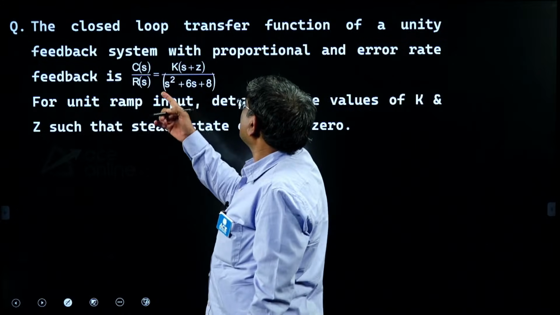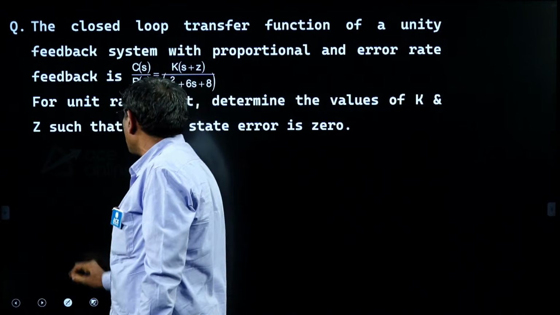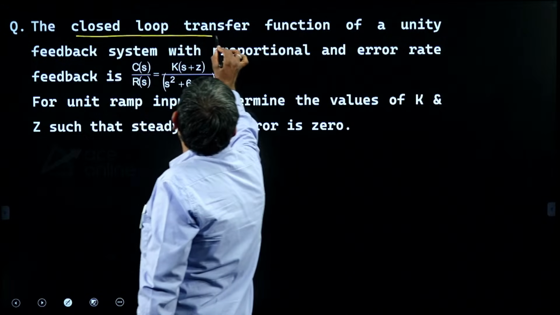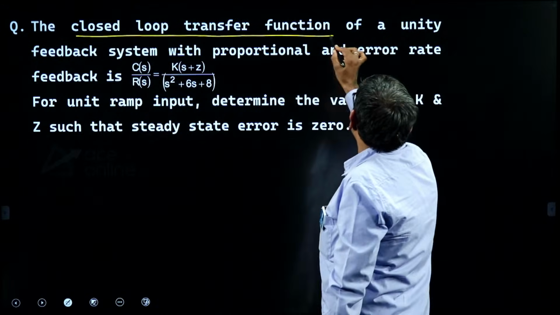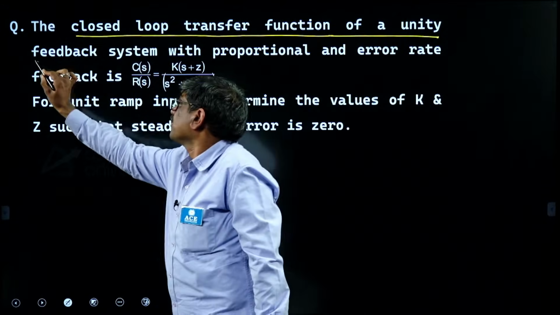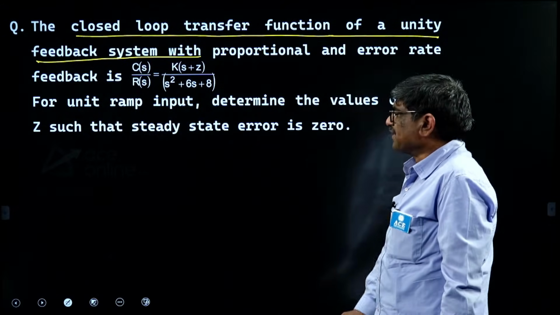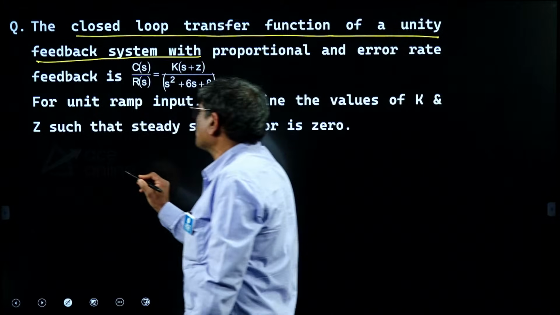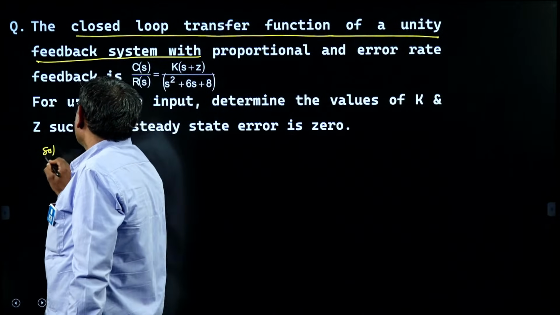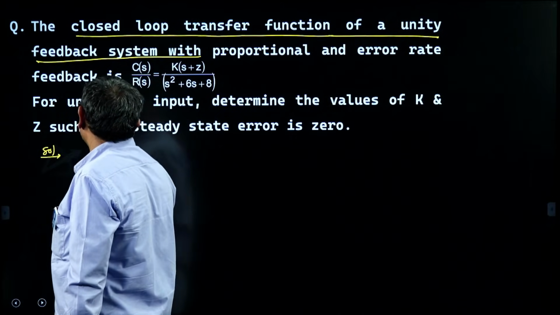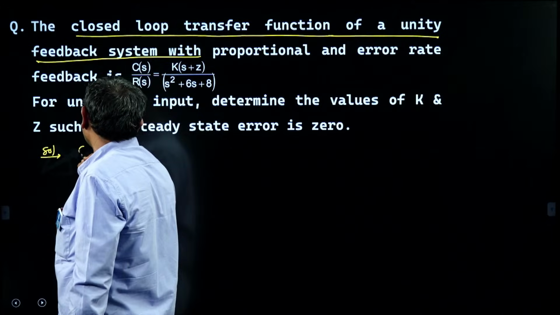So first, given what? Closed loop transfer function of a unity feedback system. So first, for steady state errors we need what? Open loop transfer function, because unity feedback is mentioned. So convert into open loop transfer function.